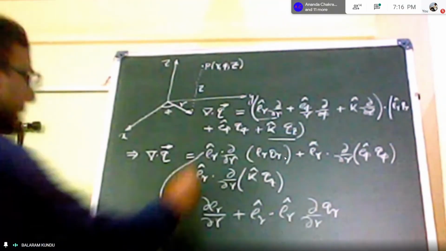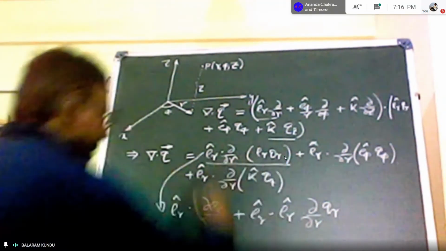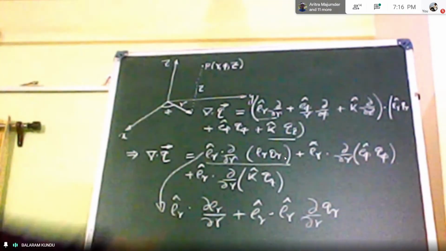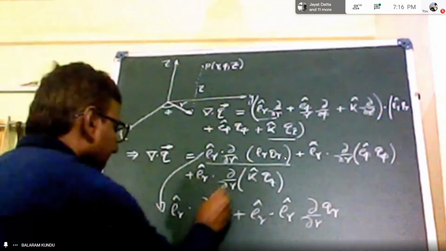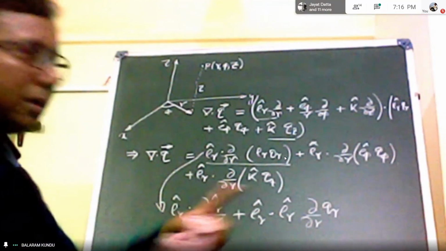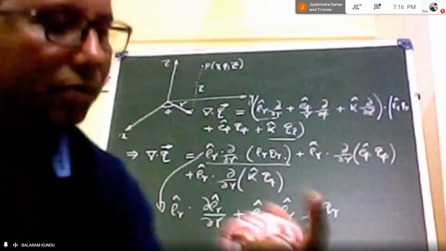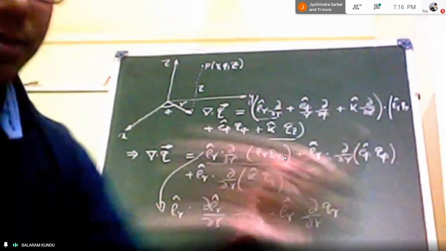So if you expand this term, again we have two terms. The first term is this e_r dot e_r. Definitely we can write the e_r expression, there will be no problem.